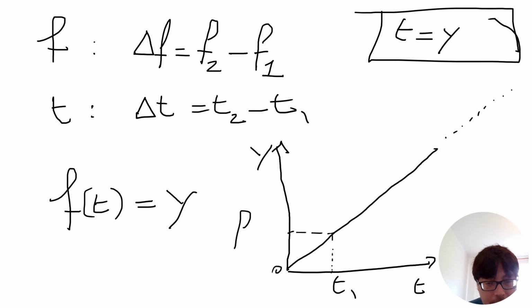F of t at 1 is y1, and they will be the same number. So if this is 1, this will be 1, this is pi, this will be pi, square root of 2, square root of 2, and so on, whatever, it's the same number. Okay, so this means that there is a precise relation between these two numbers.